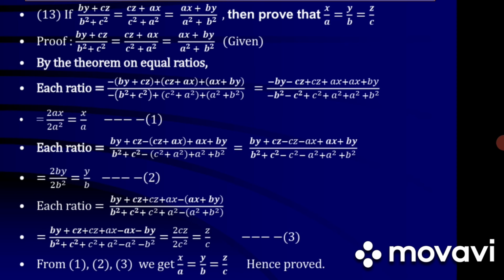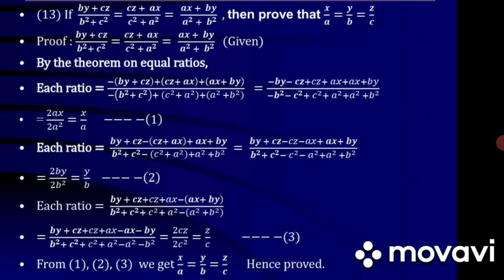Therefore, each ratio is equal to by plus cz plus ax minus of ax plus by upon b square plus c square plus c square plus a square minus a square plus b square. This is equal to by plus cz plus ax minus by upon b square plus c square plus c square plus a square minus b square.